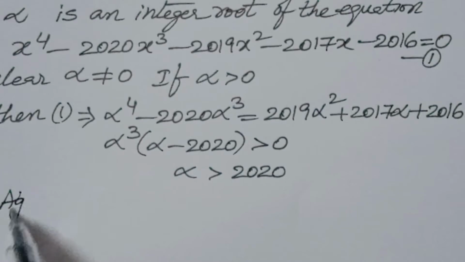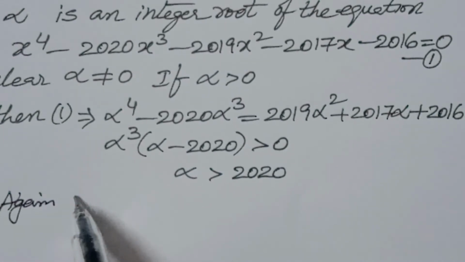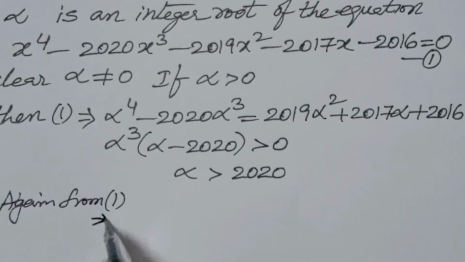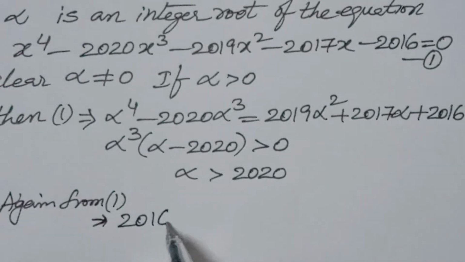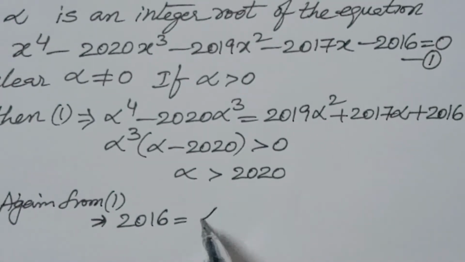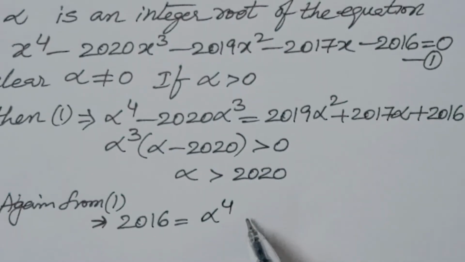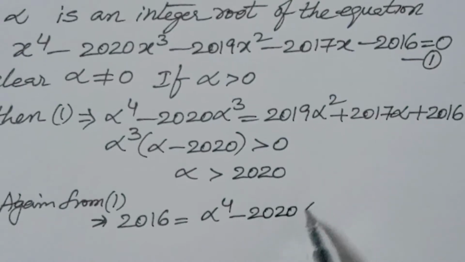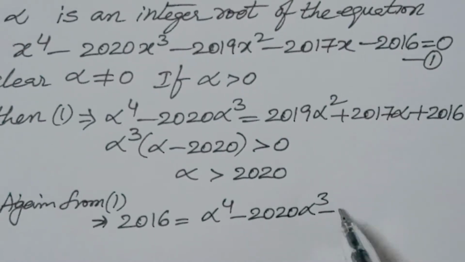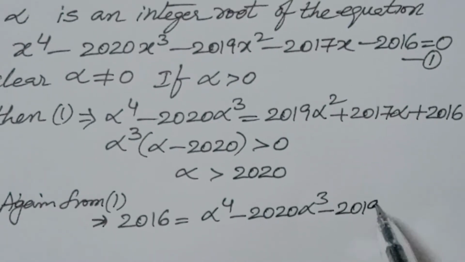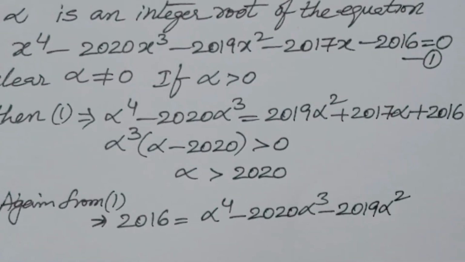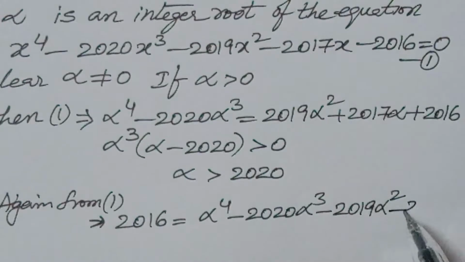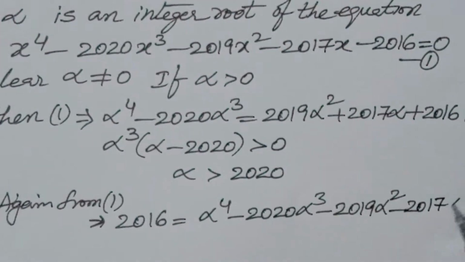Now again from 1, I am writing 2016 = alpha^4 - 2020 alpha^3 - 2019 alpha^2 - 2017 alpha.